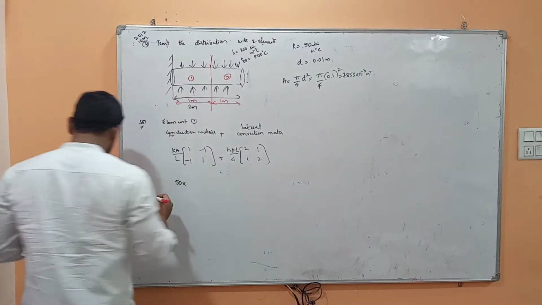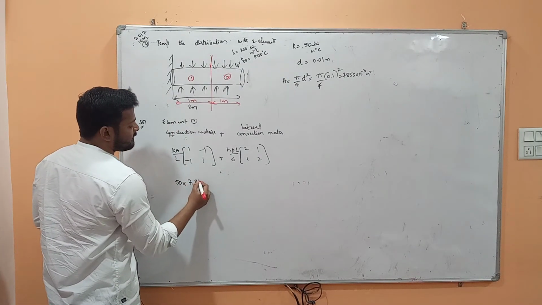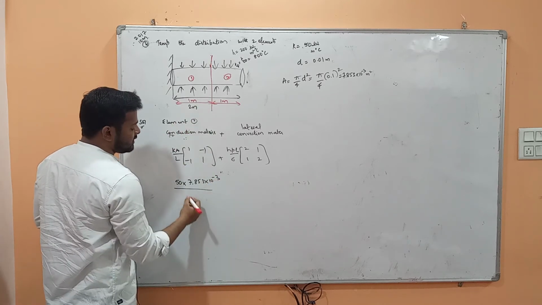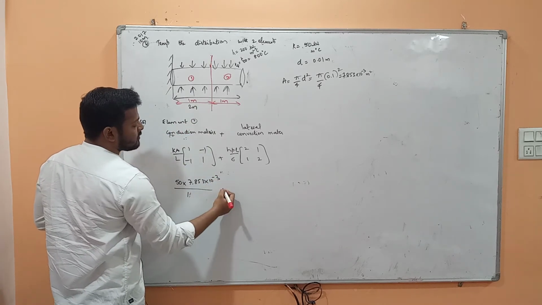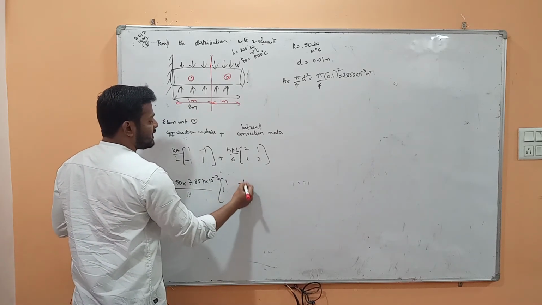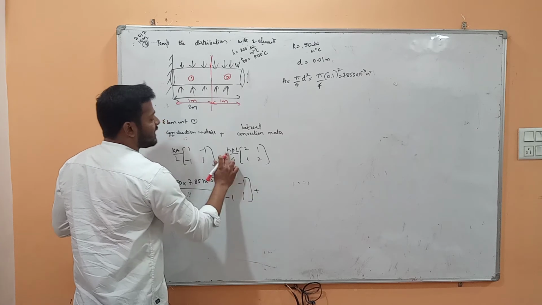So we got area 7.853 into 10 power minus 3 by length of element 1 is 1 meter, into 1 minus 1 minus 1 1 plus H.